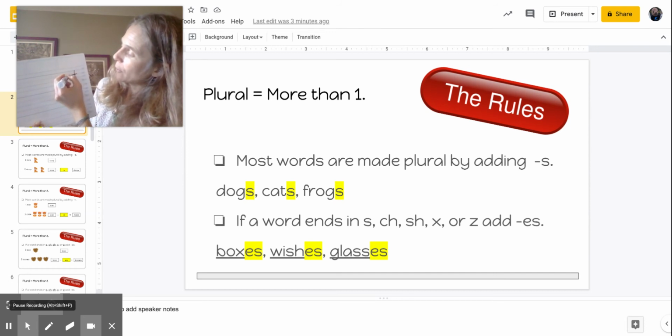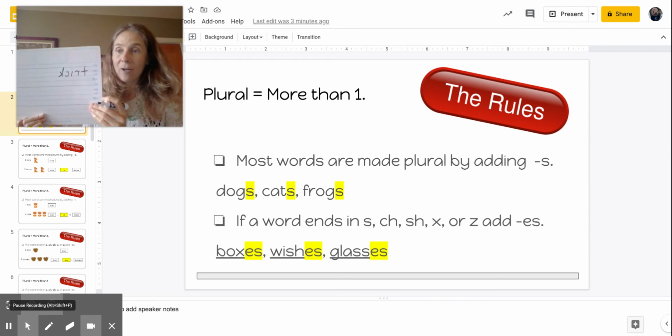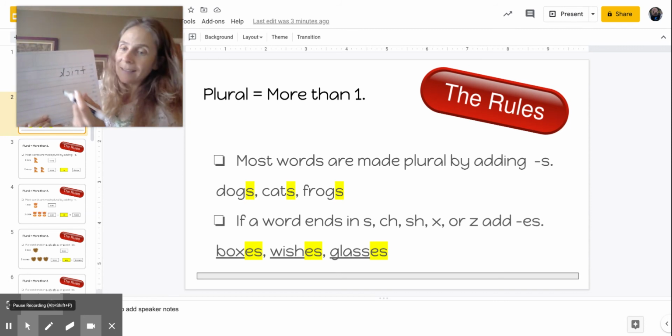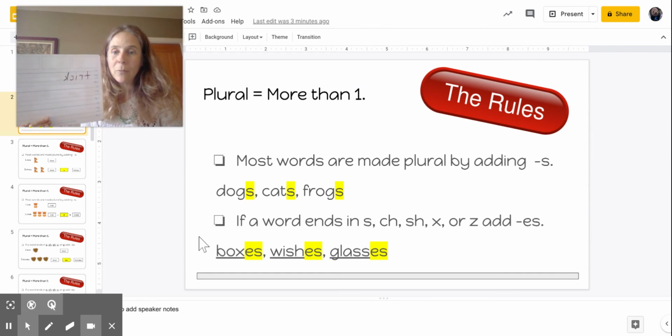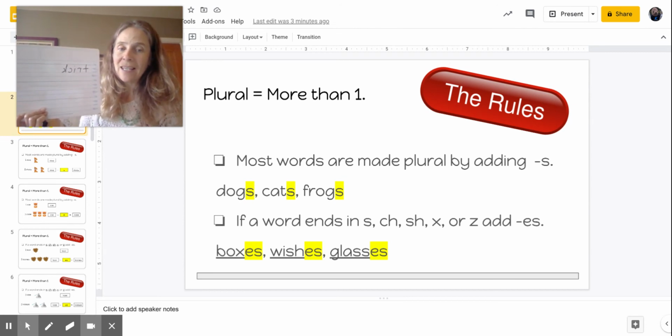T-R-I-C-K, trick. There's my base word. Now I'm looking at the end of my word. It ends in CK. Let me take a look at my rule. Most words are made plural by adding S. If it ends in S, CH, SH, X, or Z, add ES.